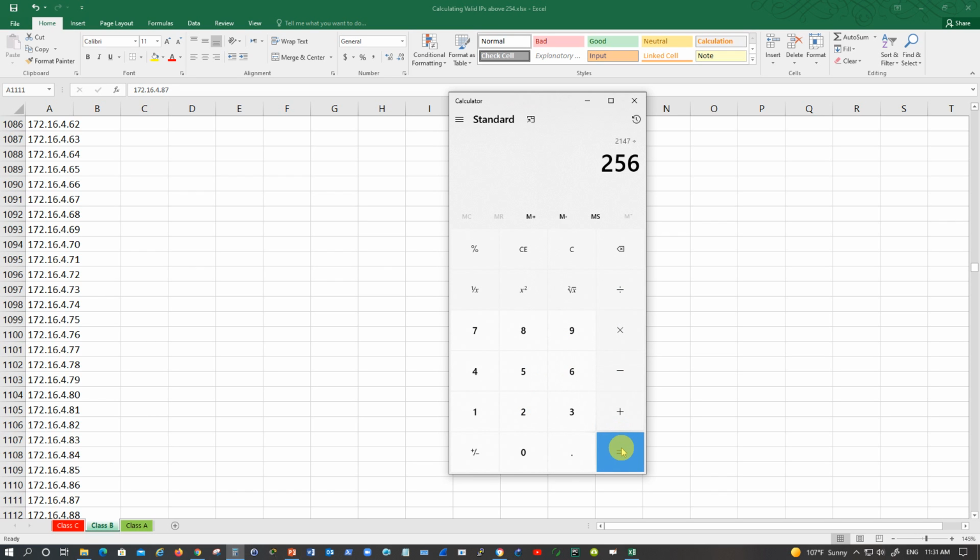Make a note of this one, this is important. 8 you got here, okay? 8 is for your third octet. And now minus 8, into 256 will give you 99. So 8.99. Whatever be the first two octets for any class B network, you can just prefix it: 172.16.8.99.